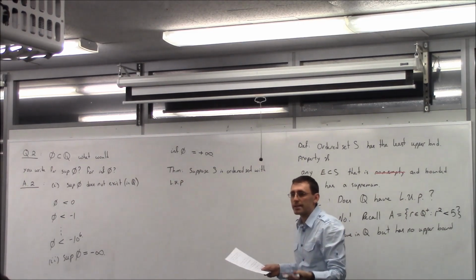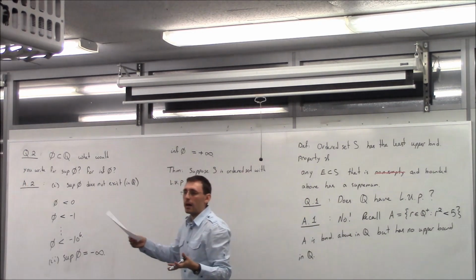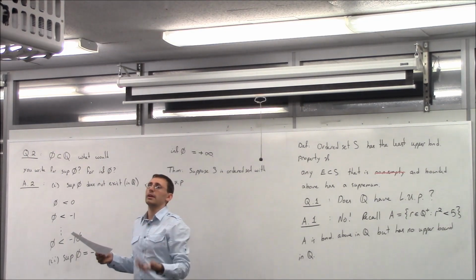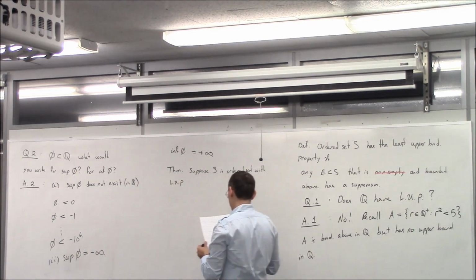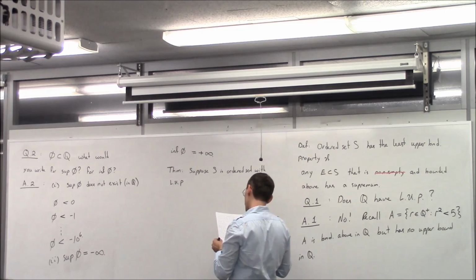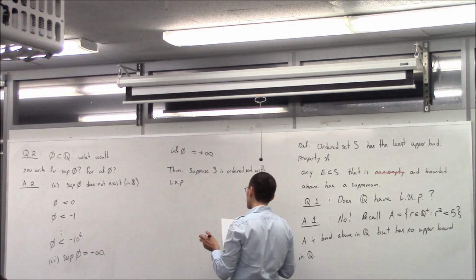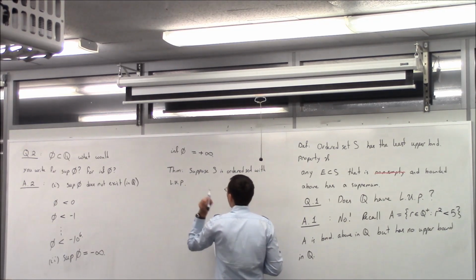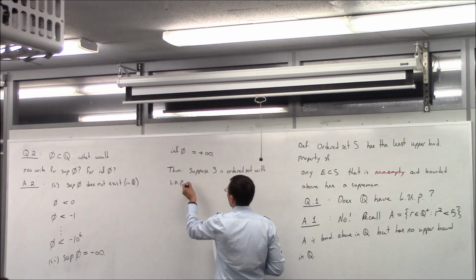What does this property mean? Take any set bounded above, there will be a least upper bound. Then the following is true.